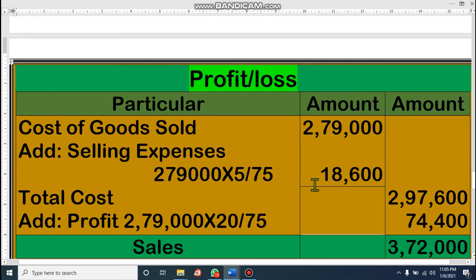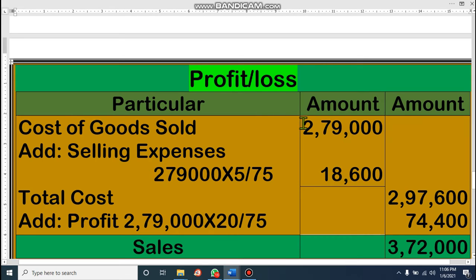Take your calculator. Again, I am telling, if cost is taka 75, that time selling expenses is 5, and profit is 20. Then if cost is 2,79,000, then selling expenses is 18,600 and profit is 74,400.